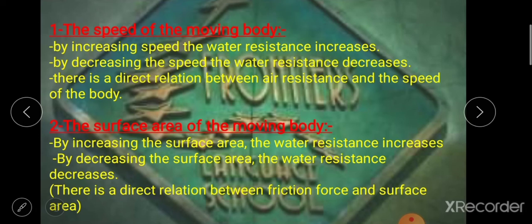Then the surface area. It is the same as air resistance and the same as friction because they are all types of friction. By increasing the surface area, the water resistance increases, and by decreasing the surface area, the water resistance decreases. And there is a direct relationship between the friction force, or the water resistance, and the surface area.